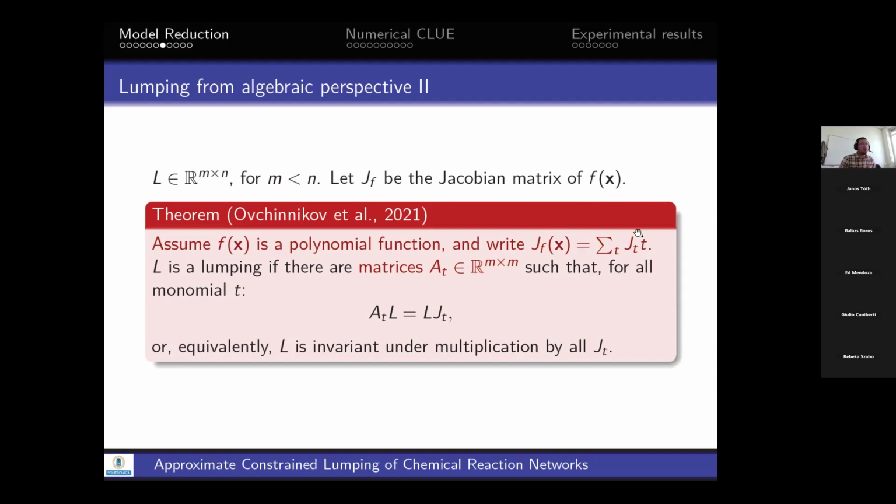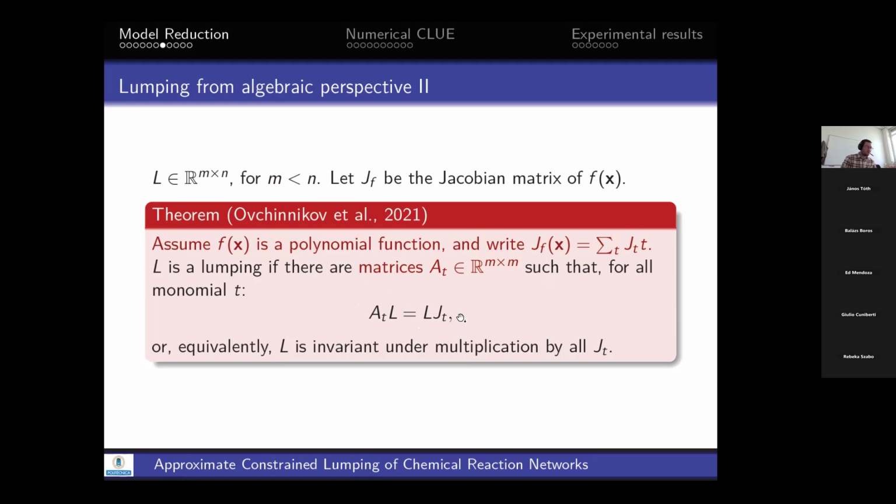And if you do so, and you collect all these J sub T that we have here, it is equivalent for a matrix L to be a lumping if and only if for all J sub T, there is another matrix A sub T, such that this kind of commutation rule holds.